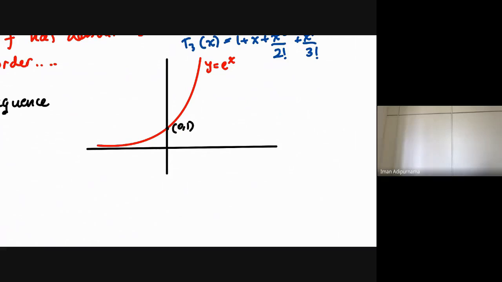And then maybe here, this is y equal T1 of x.